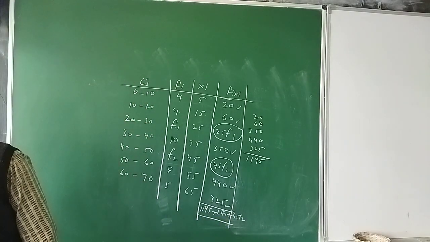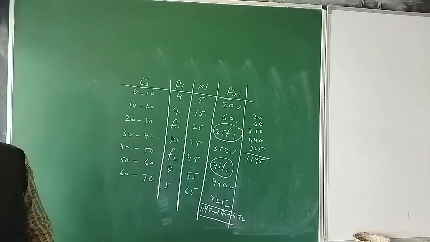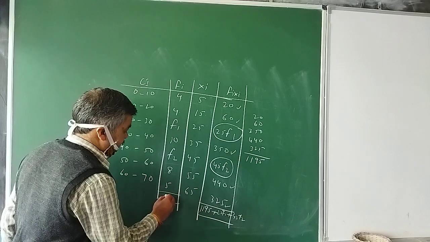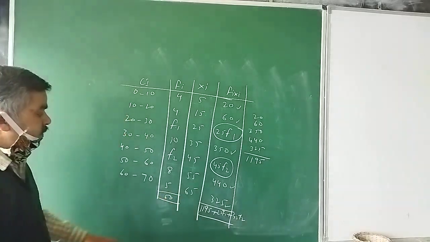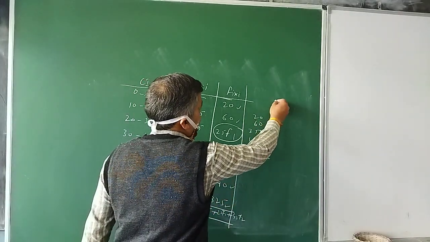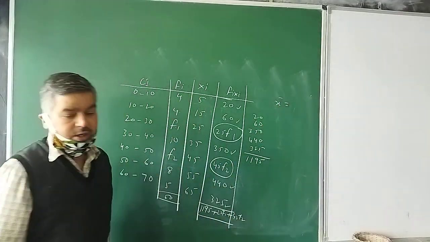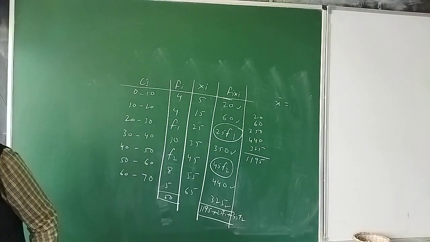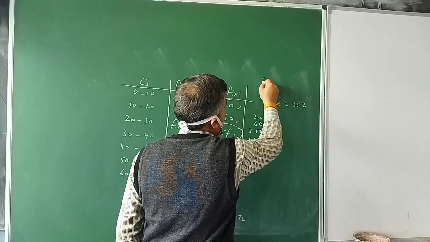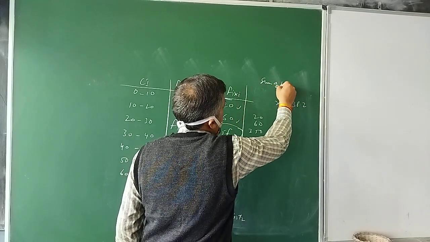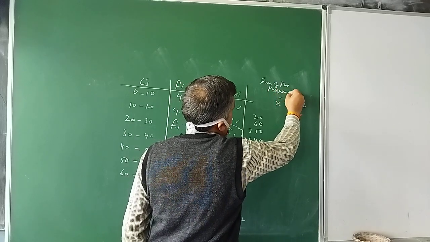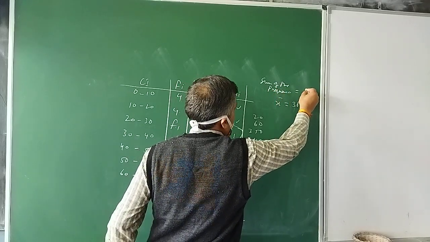In such a case, when two frequencies are missing, the sum of the frequencies will always be given to you, and the mean will also be given. So the mean here is 38.2 and the sum of the frequencies is equal to 50.